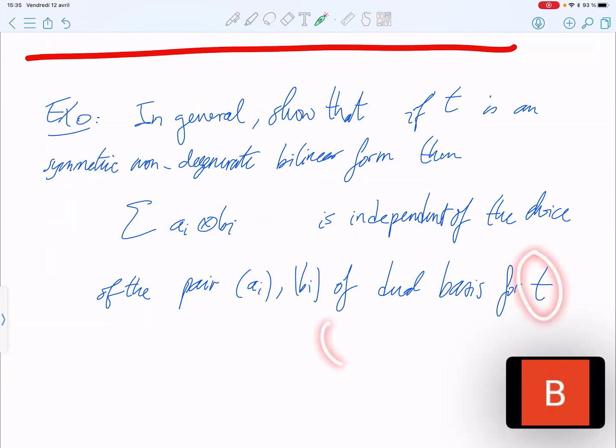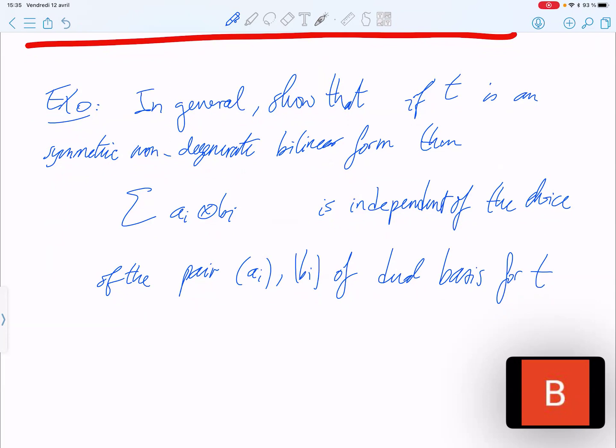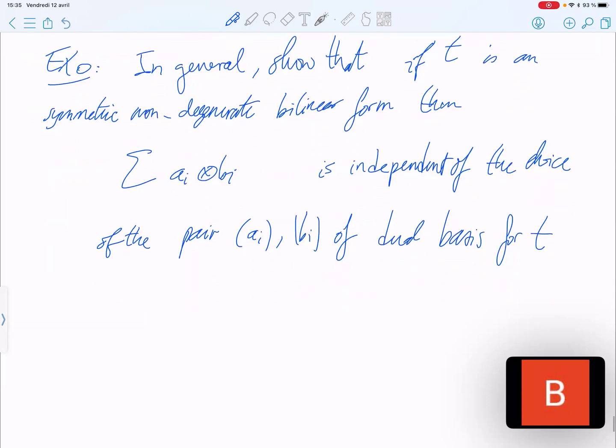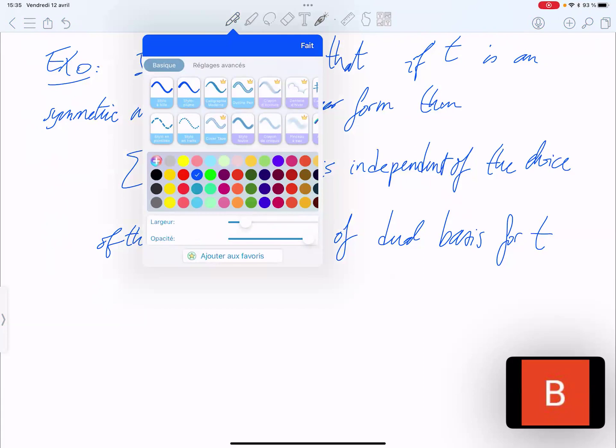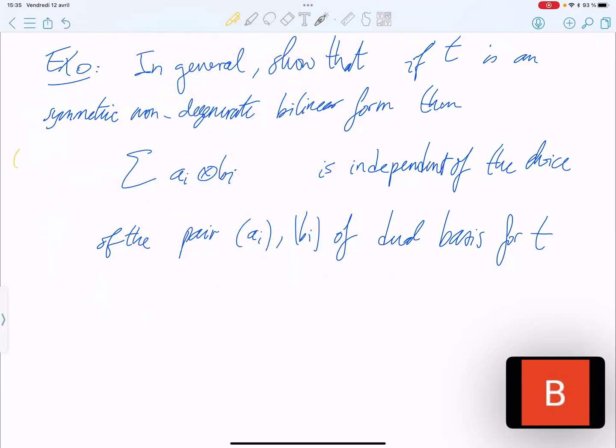Here we just write T. Anyway, in general, to prove that I guess you need to assume finite dimensional.